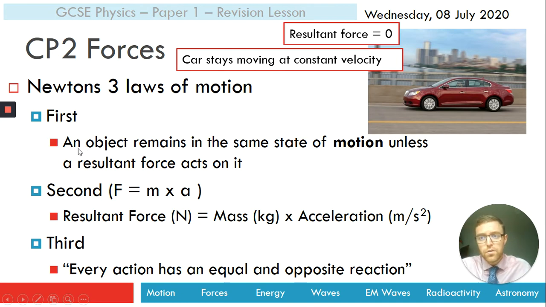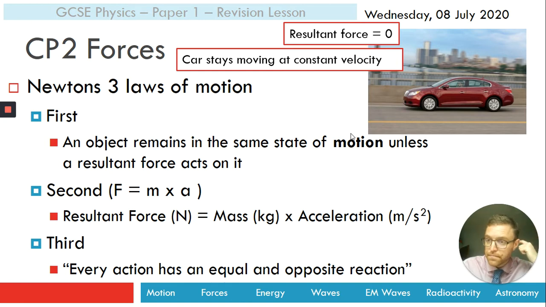Newton's first law: an object remains in the same state of motion unless a resultant force acts on it. So that could be either moving at a constant speed or stationary. If all of the forces on an object are balanced, then there is no resultant force, and the object will continue doing whatever it's doing, either stationary, not moving, or moving at a constant speed.